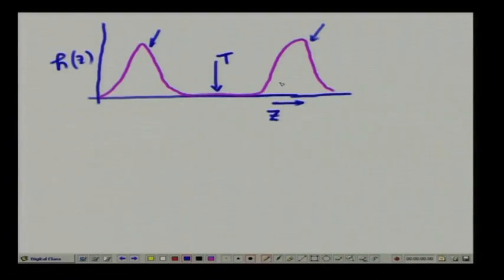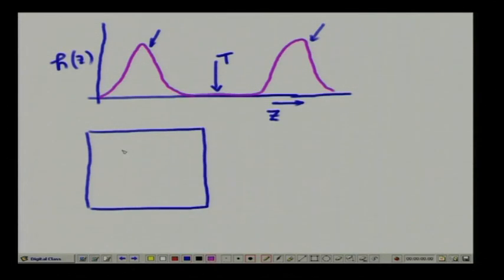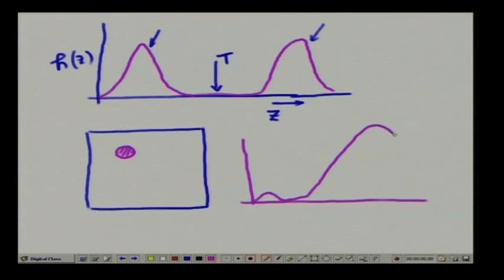The problem occurs if I have an image like this, where a very small number of pixels actually belong to the object and a large number of pixels belong to the background. When I have such an image, the resulting histogram will be something like this. This may be the object pixels, and the background pixels give rise to a histogram of this form.